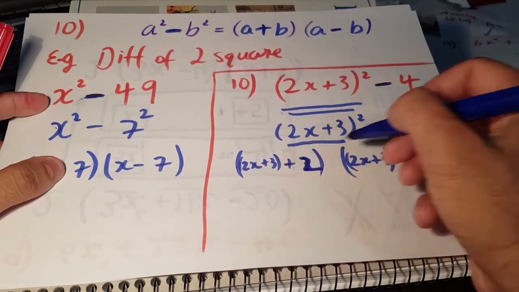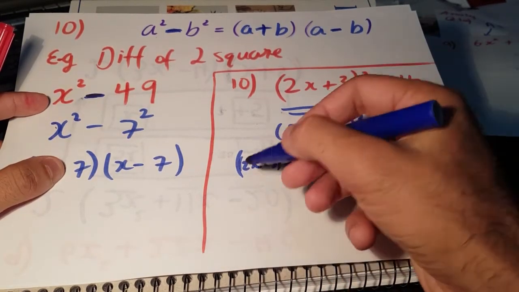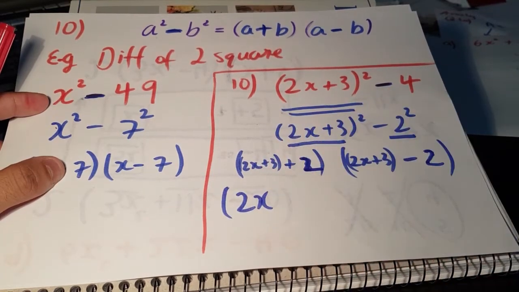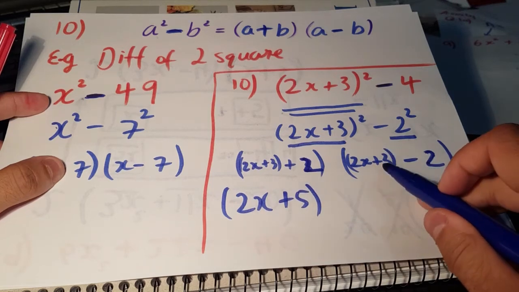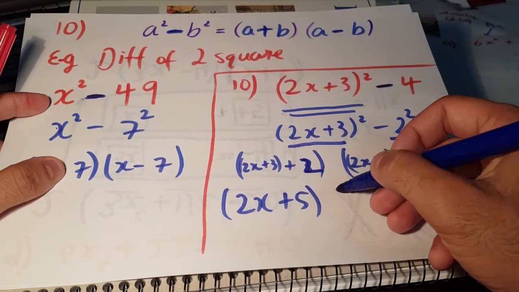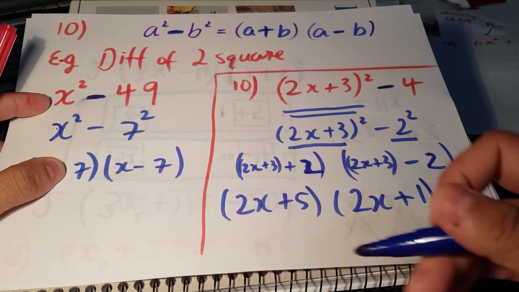So we do a plus and minus. Now we should just simplify it. We have 2x, 2x plus 3 plus 2 is 5, and we have our 3 take away 2, which is 1. So we get 2x plus 5 and 2x plus 1. And that's our answer.